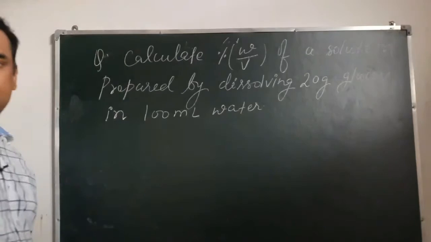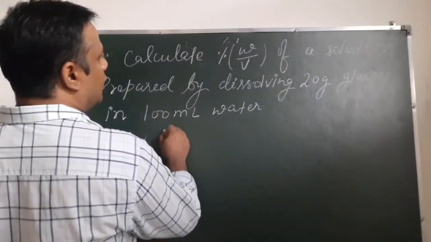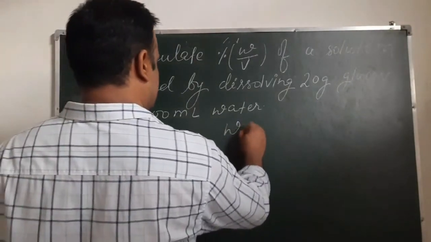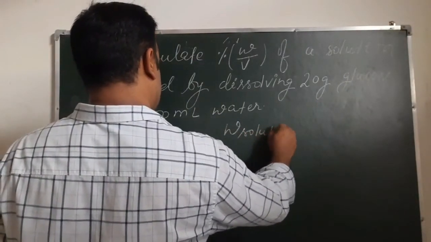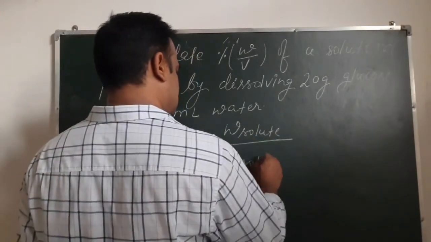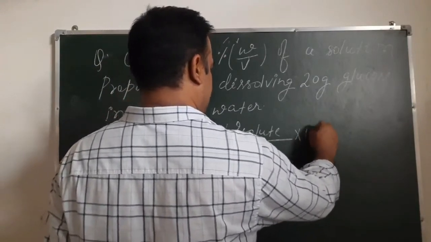Now we'll apply the concept, that is percentage weight by volume will be equal to mass of solute divided by volume of solution and multiplied by 100.